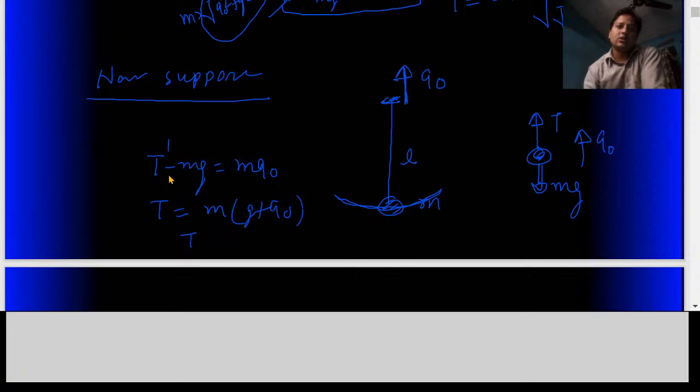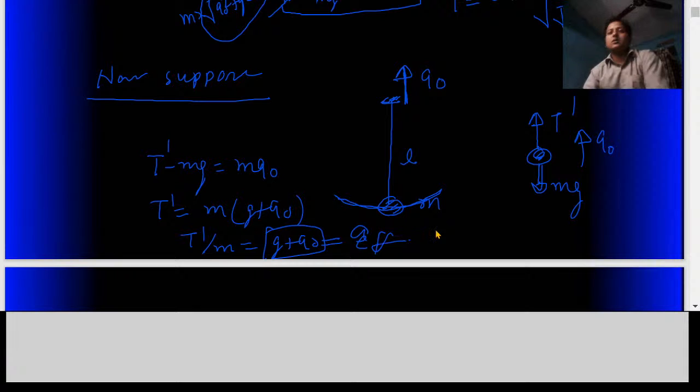So T' over m is g plus a0. So this is our effective acceleration. So the time period comes out to be 2π under root L over (g plus a0).